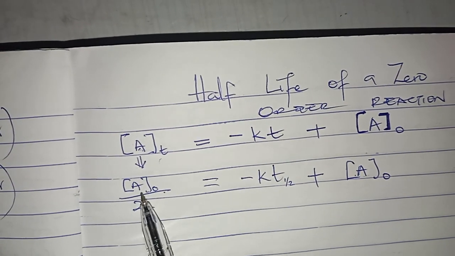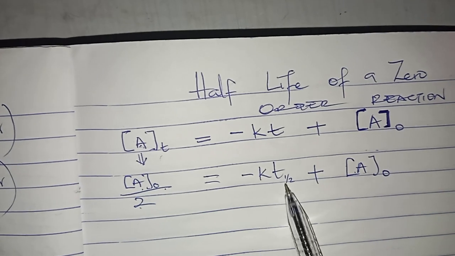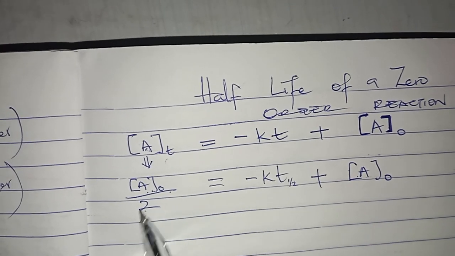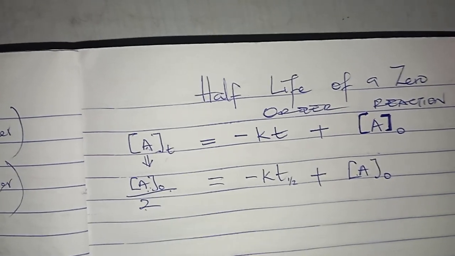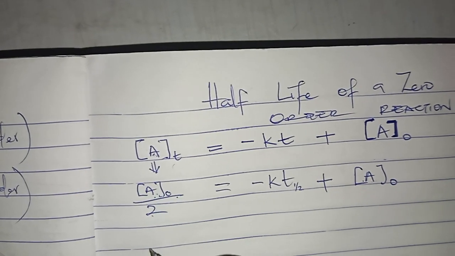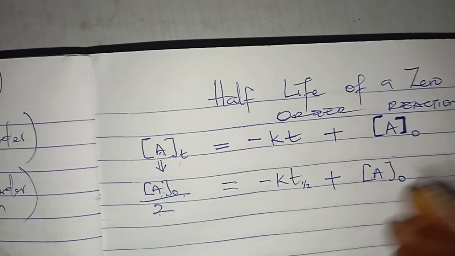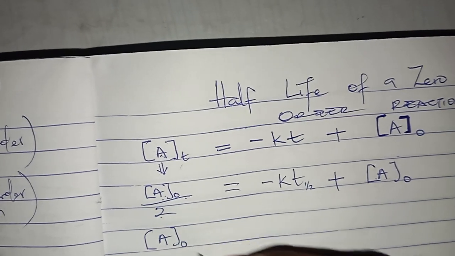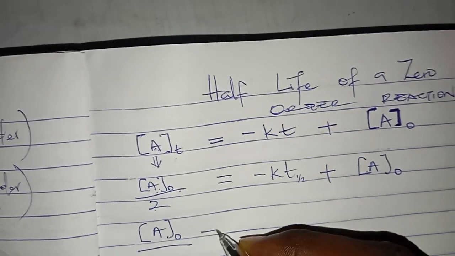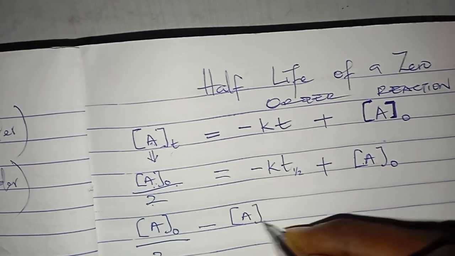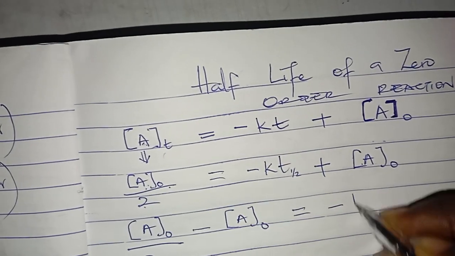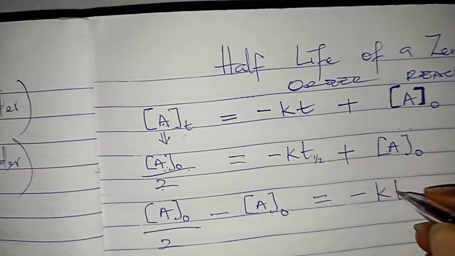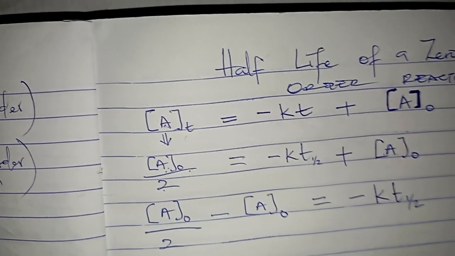The minute we make this to be over 2, this means that this is the time for this to get to half. So if I know that, it simply means that I need to make T the subject of the formula. So this now becomes initial concentration over 2 minus initial concentration is equal to minus K T half.